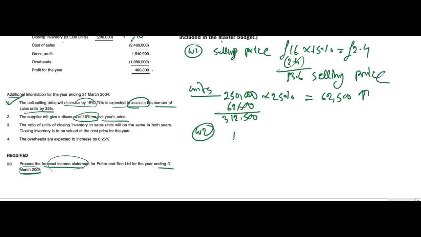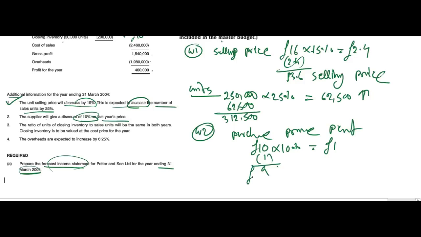So purchase price or cost per unit, you have worked out, which is £10. Of that you get 10% discount, which is 1. So if it goes down by 1, your purchase price per unit is 9. Yeah, the second one is done.